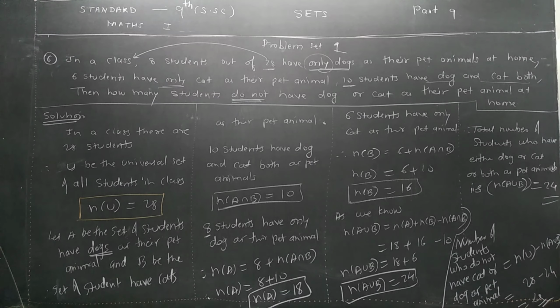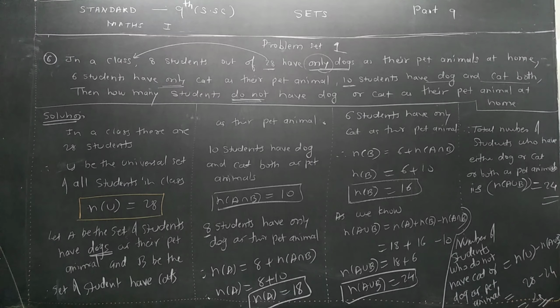So how many students came? 28. I have taken A as the set of students having dog. Dog means not necessarily only dog. We are allowed to take cats also. So A is the set of students having dog, and some students having dog as well as cat are coming in this group only. Again same condition.